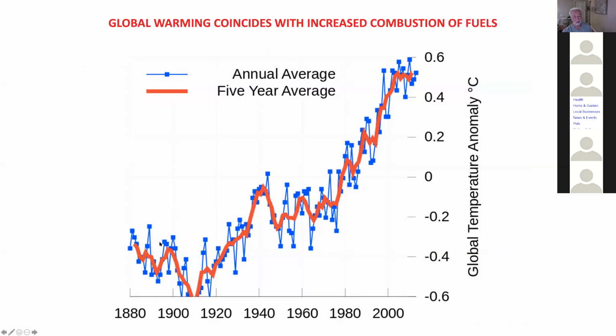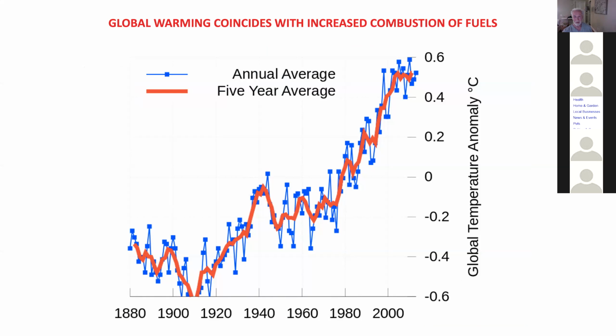If you just look over a long period of time, from 1880 to the present, the global temperature has risen dramatically. And one of the goals of climate change people right now is to keep the temperature increase, compared to the pre-industrial revolution time, less than 2 degrees centigrade.